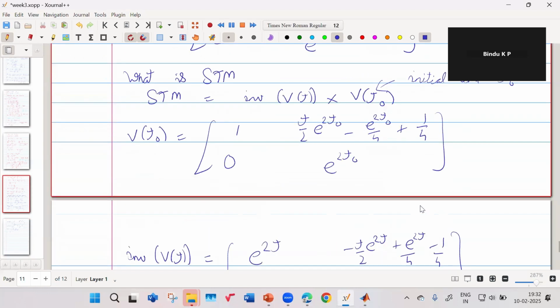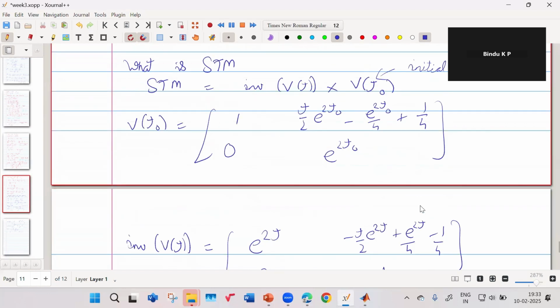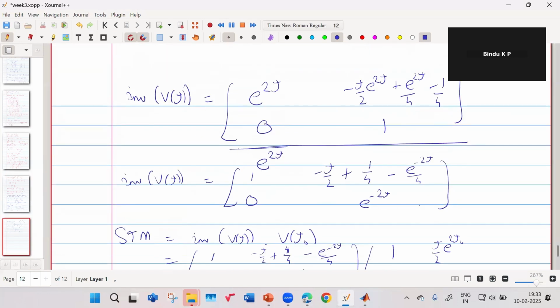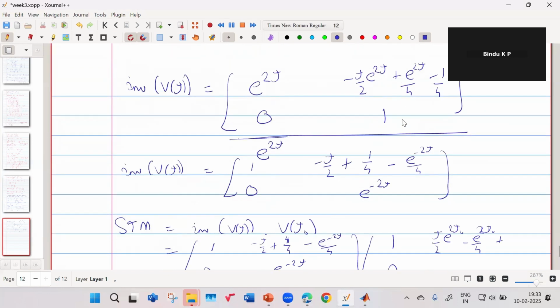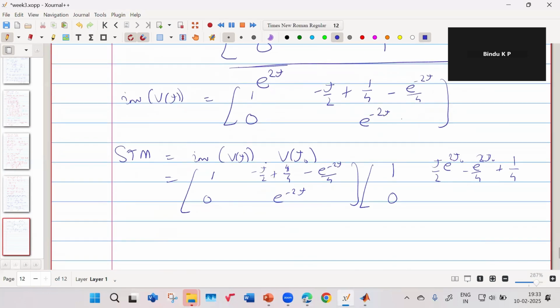So this is the inverse of v of t. Now the state transition matrix is the inverse of v of t into v of t0, that is 1 0, t by 2 e to power 2t0 minus e to power 2t0 by 4 plus 1 by 4, and e to power 2t0.